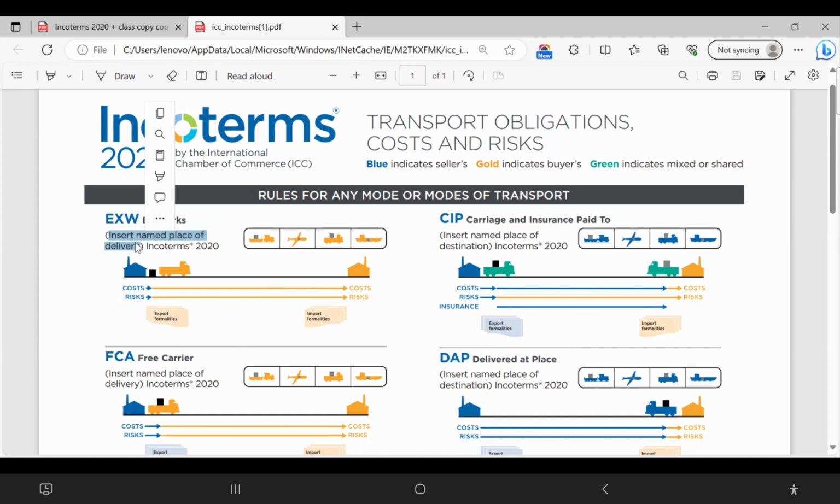That is how it is being phrased. So the first point you should remember, against each Incoterm there is a point, we call it the point of transaction. So insert name, place of delivery. This one you have to remember.